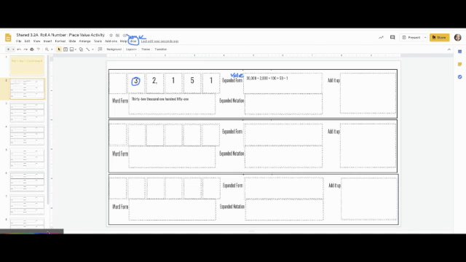Remember, expanded form shows the value of each digit. And you might want to look at 30,000, see this is the 3, and then I have to have a 0 for each place value.